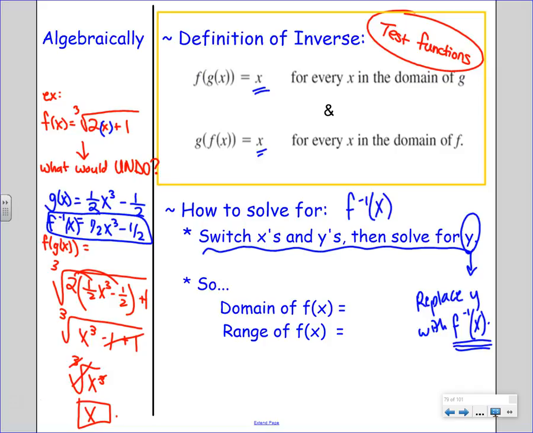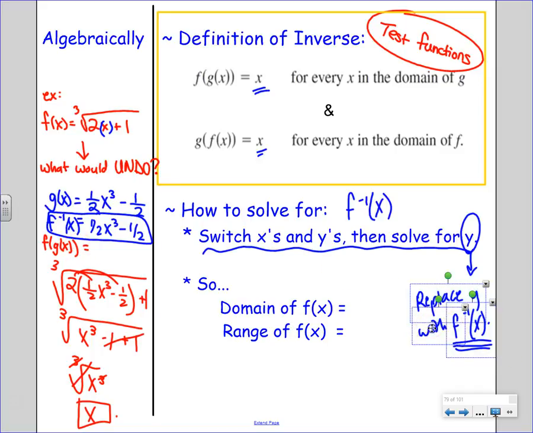Because, kiddos, were these two functions the exact same? No. So if I say y equals the original, I can't say y equals the inverse. That doesn't work unless I start using y1, y2, and that's just lame. So instead, we're going to have f of x be the original, f inverse be the inverse. But you have to be careful that you replace that yourself.